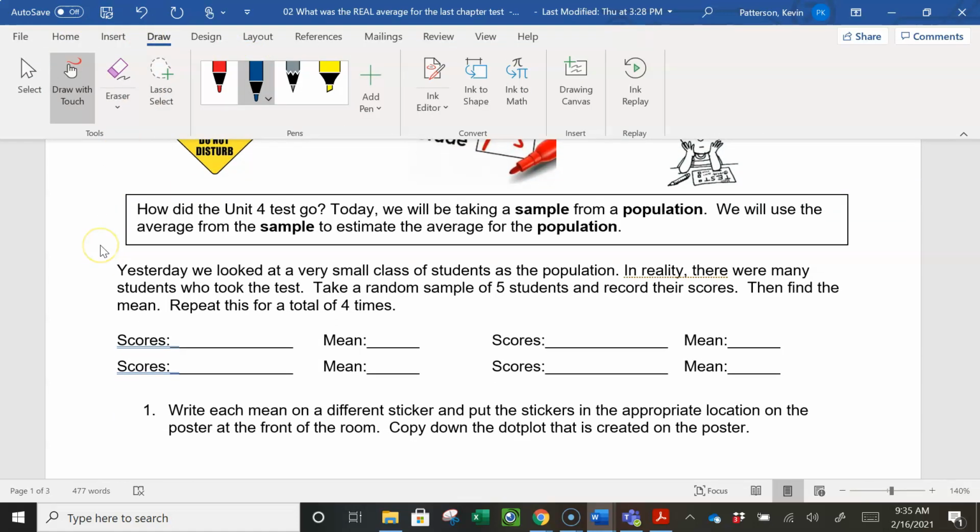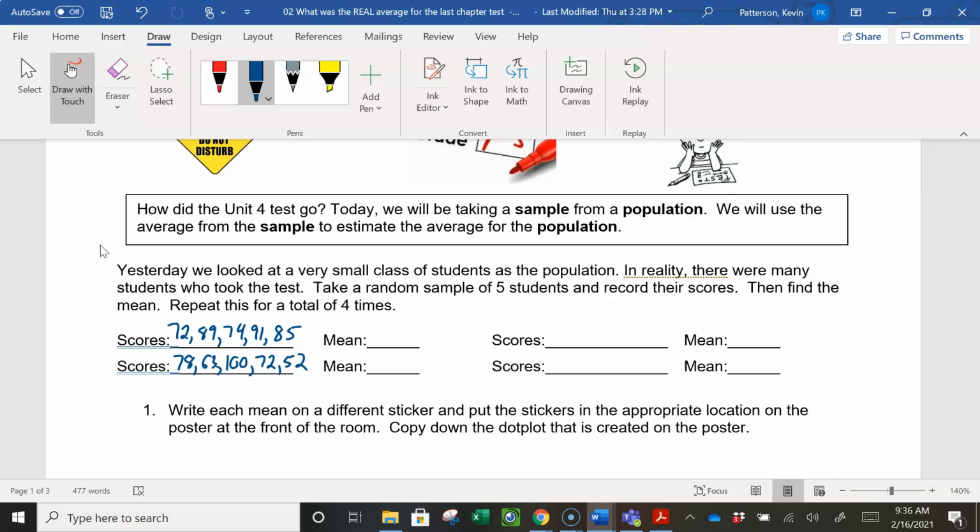Okay, so let's just say you randomly chose 5 scores, and they ended up being this: 72, 89, 74, 91, and 85. And then how about 78, 63, 100, 72, and 52.